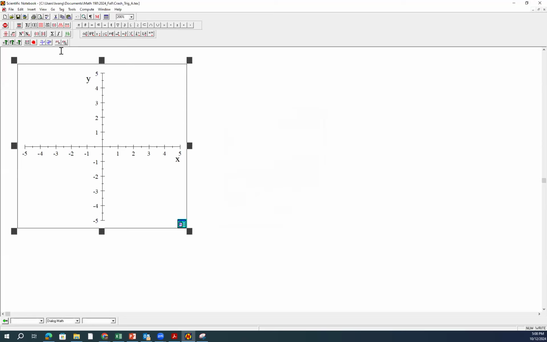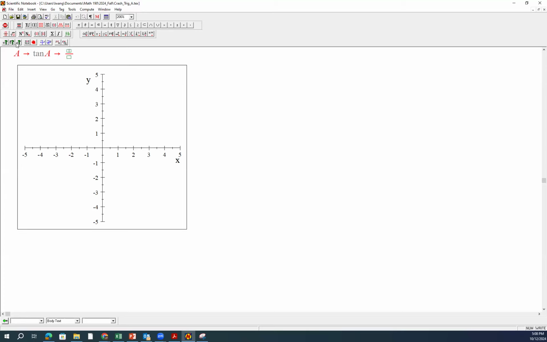So arctangent. We know that tangent takes angles to produce a ratio. How does the ratio look? The ratio looks like y over x. We're going to talk about domain another time.